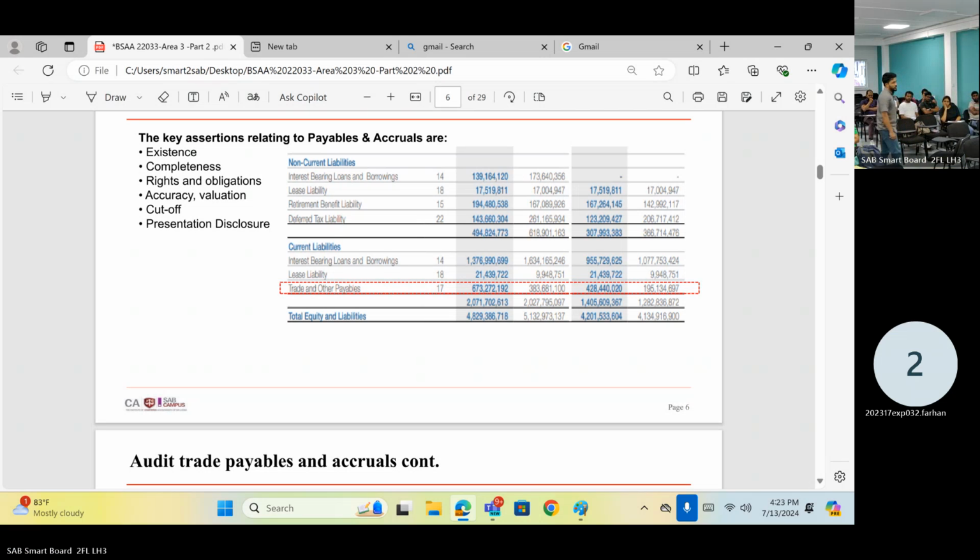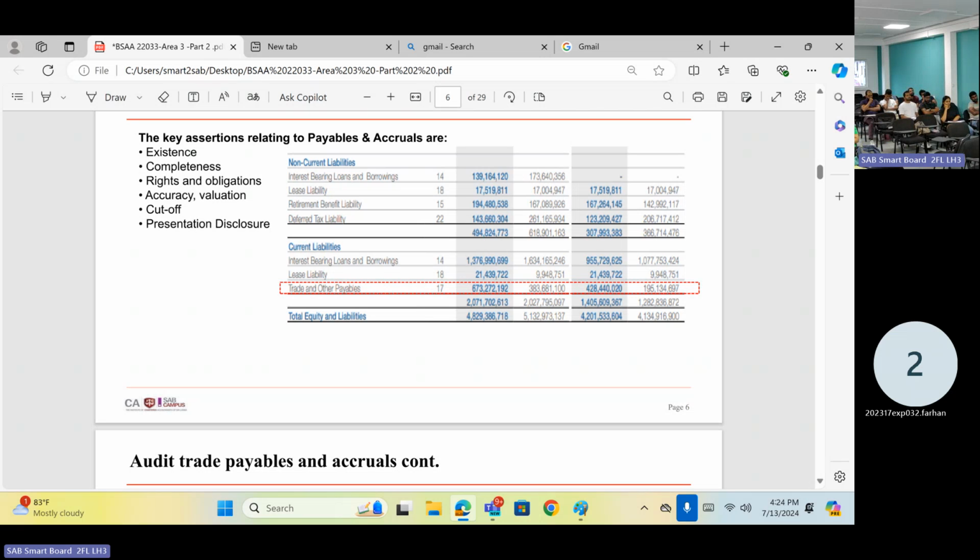Right? So then accruals and provisions may be estimates. Electricity accrual and other utility accruals, we should recognize as a payable balance. That's the calculation basically.